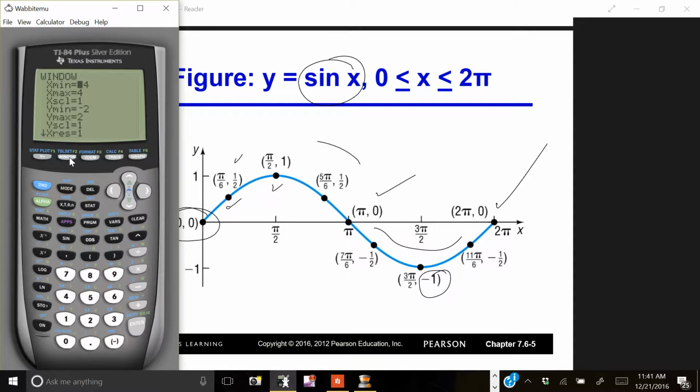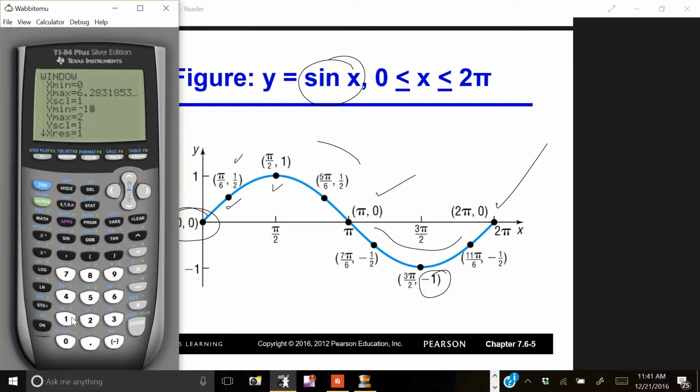To start off with, we're going to set the window up from 0 to 2 pi. And obviously in this case, the minimum value of the function is -1, so we'll set y-min to -1.